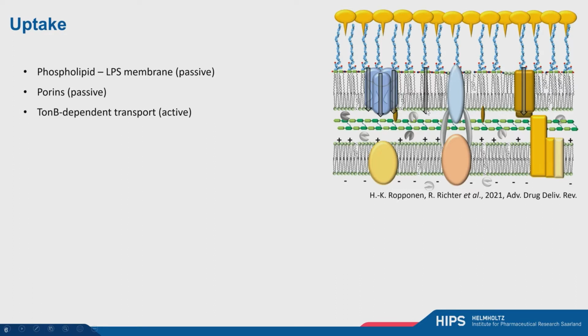Regarding efflux, we have the RND efflux pumps, of the RND superfamily, which are most important in gram-negative bacteria. They get their power from the proton motive force.